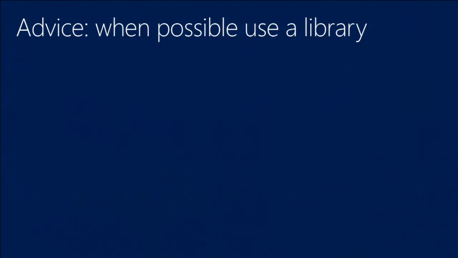General advice is still use a library when it's possible, when it's available on the platform that you're doing. It's harder to implement the library than it seems. A lot of my premise here is that it's simple, but you can still make little mistakes, or even if they're not security issues, there can be usability issues. But in some cases, you can't use the library, primarily if there's not one available.